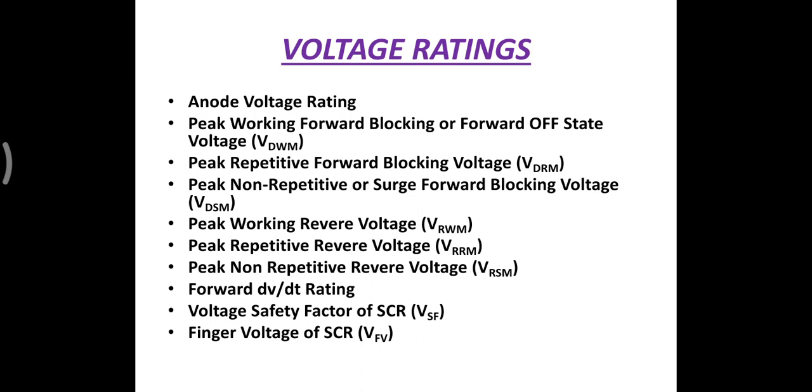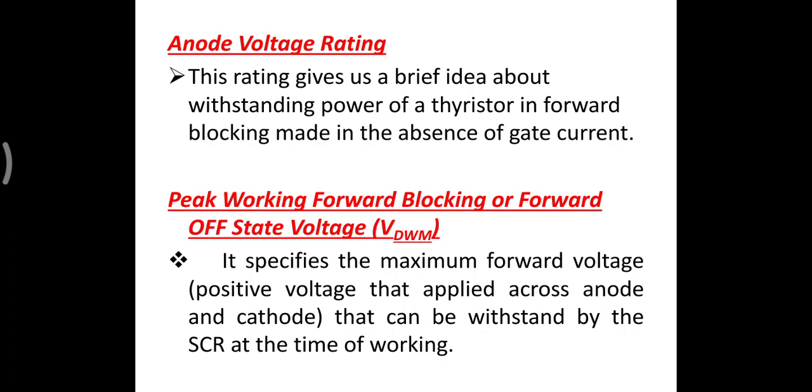Let us see how each one is defined. First is the anode voltage rating. What is the anode voltage rating? It is the rating which gives us a brief idea about the withstand capability of a thyristor in forward blocking mode in the absence of gate current.